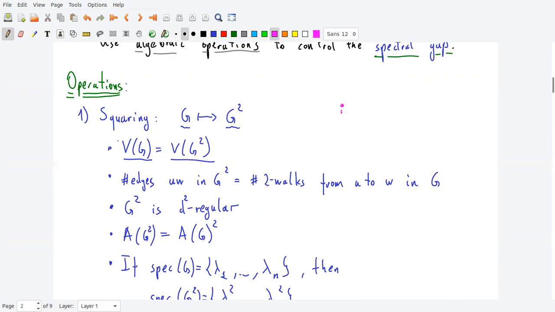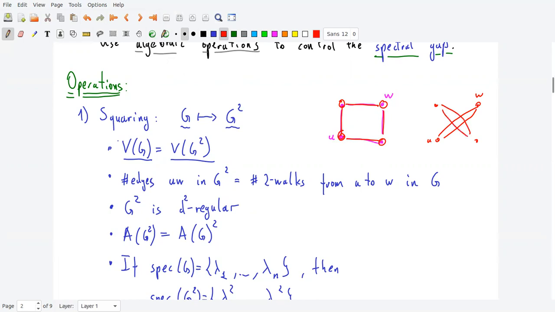So for instance, if I have some graph G, say a square, and I would like to now square this square, and I would like to understand how many edges I put between a vertex U and a vertex W, then I count how many walks of length 2 I have in the original graph from U to W. So for instance, here from U to W, I have two walks of length 2. I can go through this vertex, or I can go through this vertex. So in the square of this graph, I get two edges between U and W. Similarly, between this vertex and this vertex, I also have two edges.